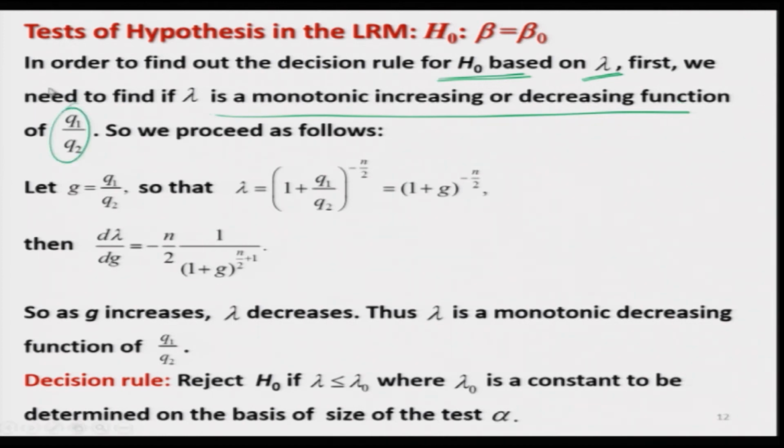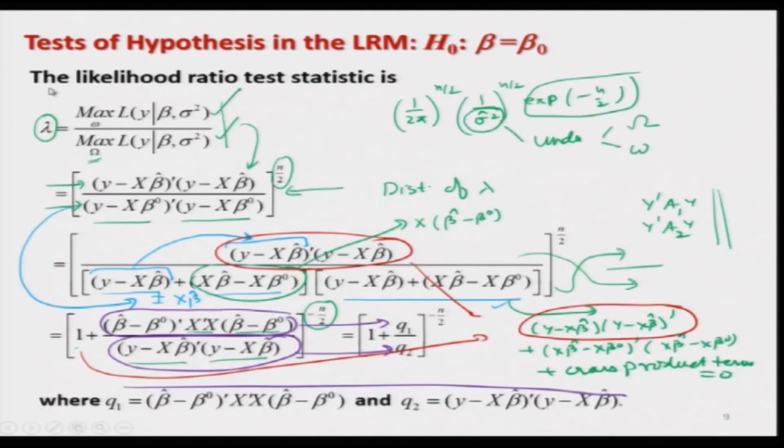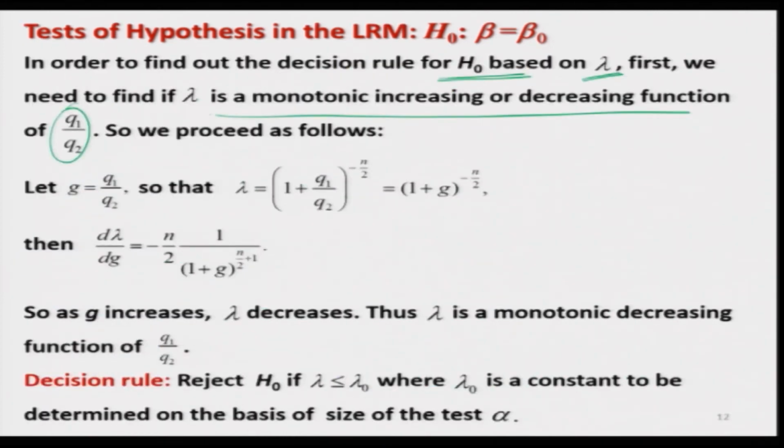Because you can see that earlier you had used this term here, I can show you in this red color, and I can write down that your lambda was like this one, because based on whether this is a monotonic increasing or decreasing function of Q1 upon Q2, we have to frame a decision rule.